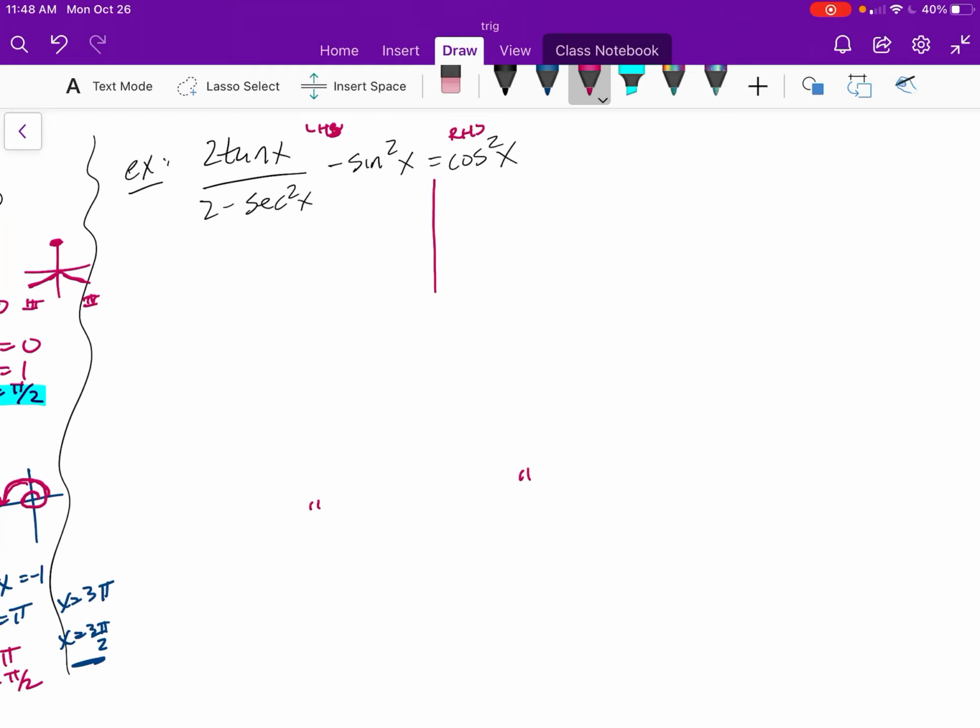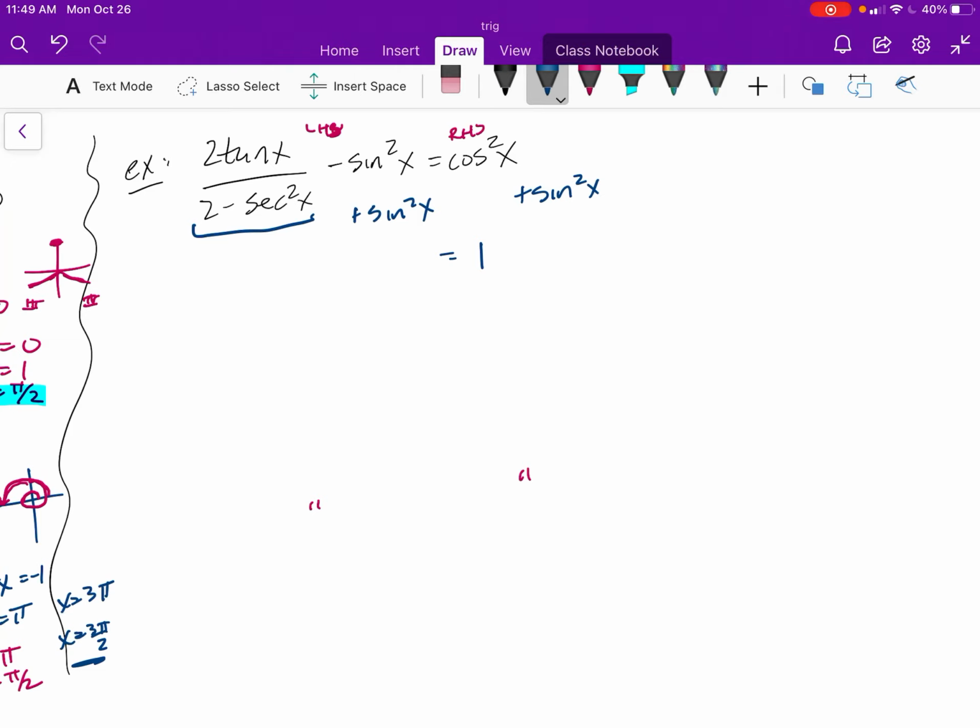So right away, why that's important in this example, I can just add this sine squared over here, and I see Pythag identity right away. Cosine squared plus sine squared is 1, right? Pythagorean identity. So now I just have this ugly mess here. I gotta solve that equation where that equals 1.